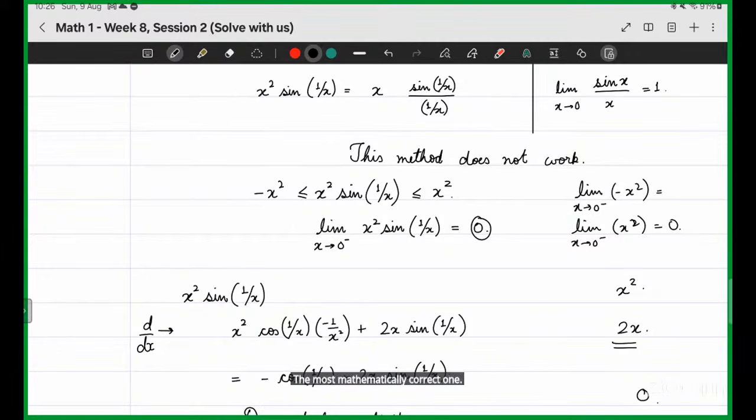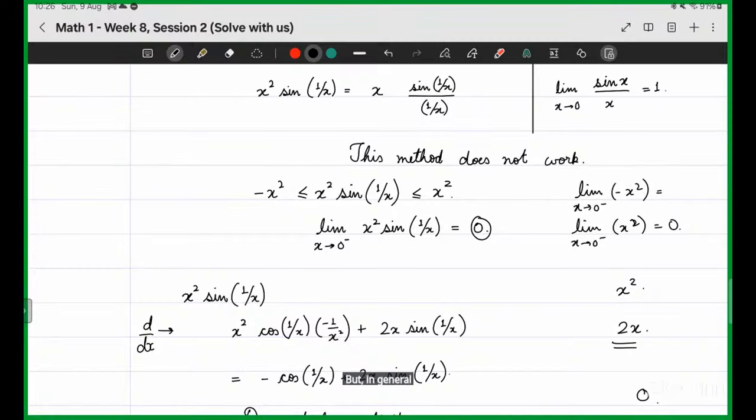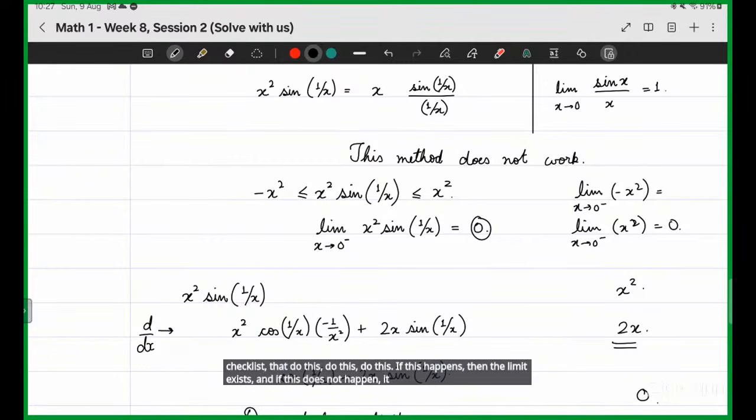Well, L'Hopital's rule and all those things are theorems which are mathematically correct, so there's nothing wrong with them. Maybe I should take back my previous statement. But in general, there is no checklist that says do this, do this, do this. If this happens, then the limit exists, and if this does not happen, it does not exist. There's nothing like that.